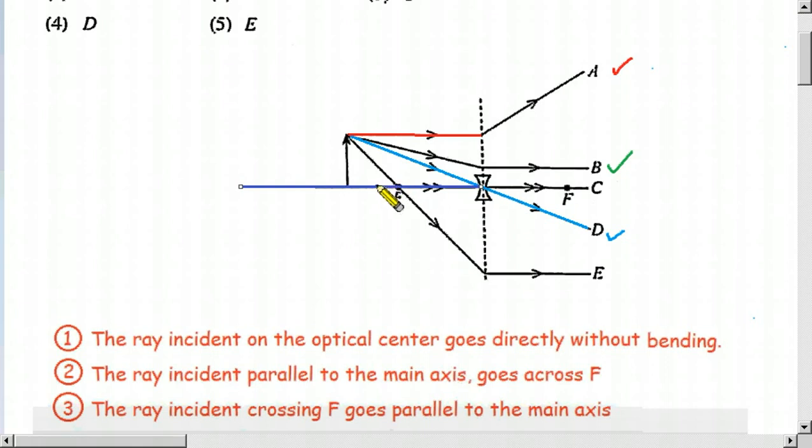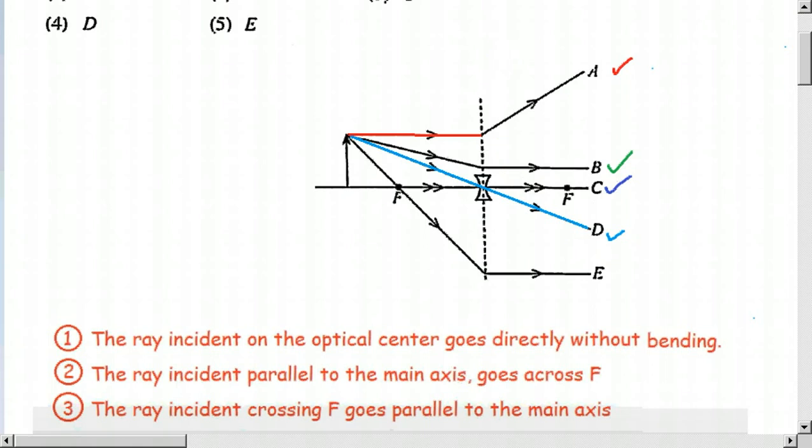It is falling on the optical center and going without bending, so it is according to the first rule. Therefore it is correct. The ray incident on the optical center goes directly without bending. So it is correct. Then the final one.